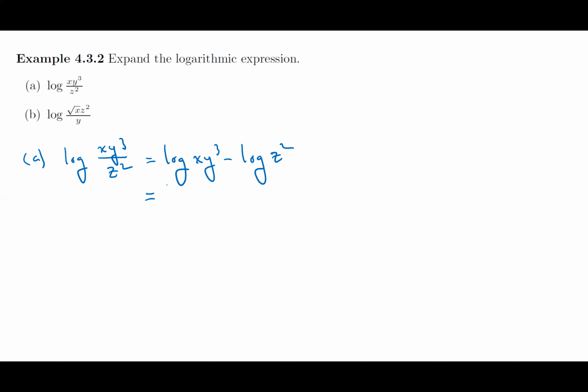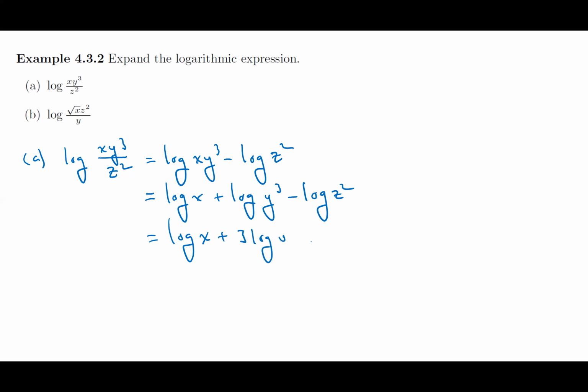I have a product for my first log, so I can write it as log x plus log y cubed minus log z squared. And is there anything else we could do? Well, there is, right? I can bring exponents out front as coefficients. Okay? So there's A.